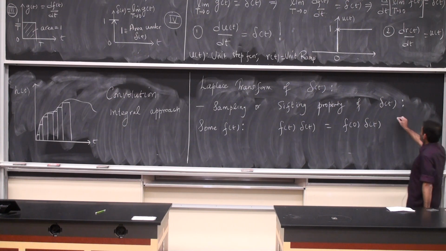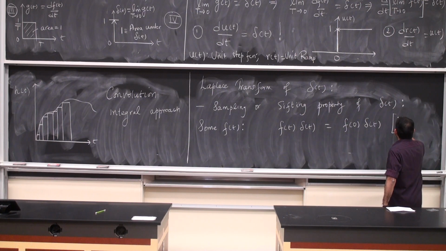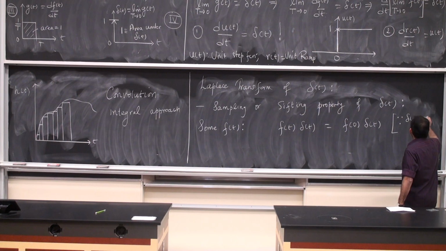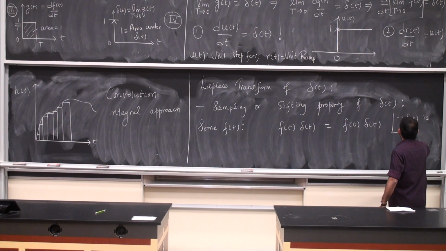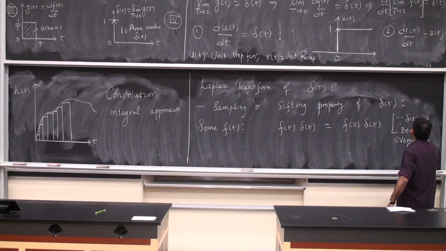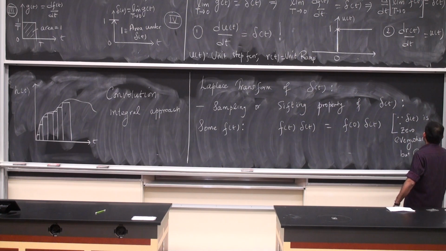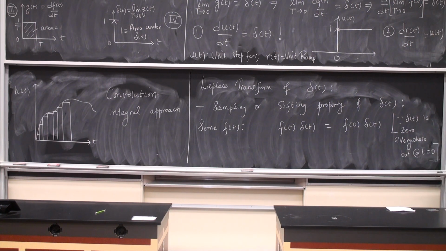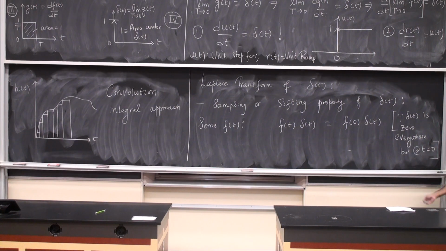This is because delta of t is 0 everywhere, but at t equal to 0. This is the reason why we can write it.